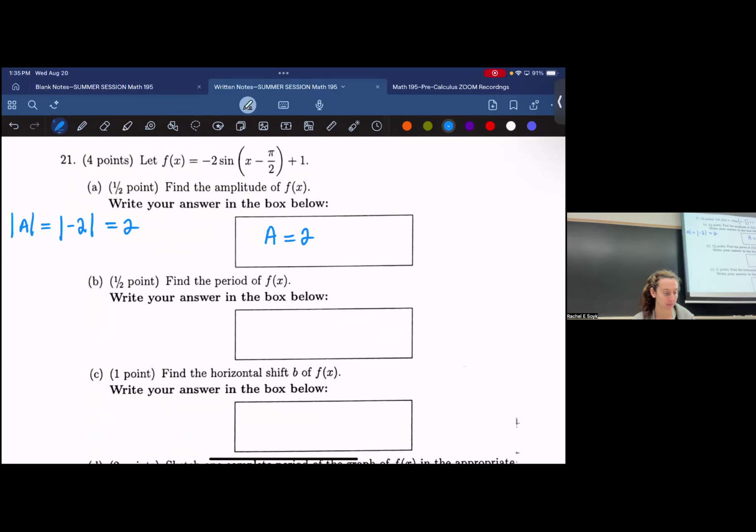Good. Our period, we're dealing with sine here, so our period is just 2 pi over the absolute value of B. And our B here, lucky for us, is just 1. So we just get 2 pi over the absolute value of 1, which is just 2 pi over 1. And that gives us 2 pi.